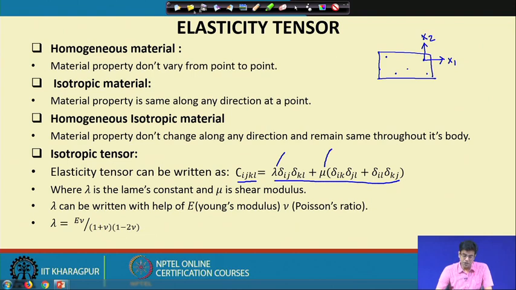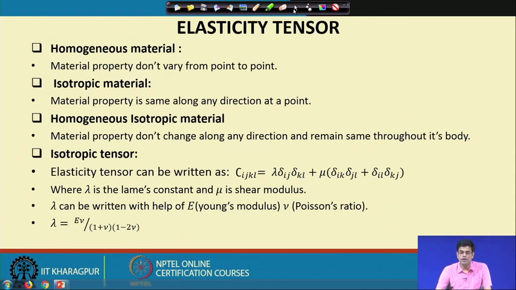We will essentially prove this. The essence of this discussion is that we will assume the isotropic material has two material constants, which are E and nu, Poisson's ratio. This is from our previous knowledge.